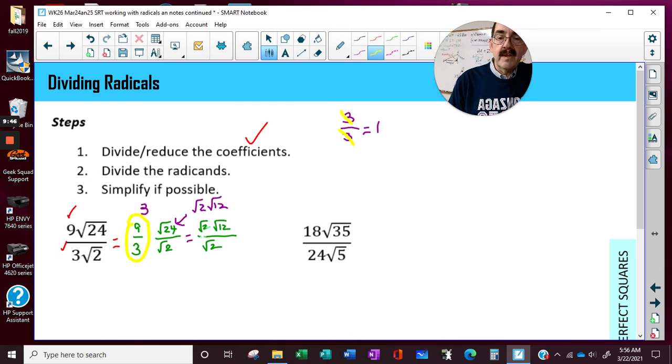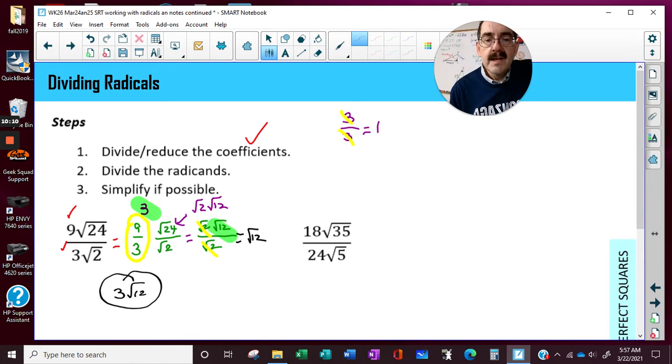Well, remember, anything divided by itself is 1. So I'm left with the square root of 12. Now I know this gets messy because I've got a 3 over here and a square root of 12 here. This actually reduces down to 3 radical 12.